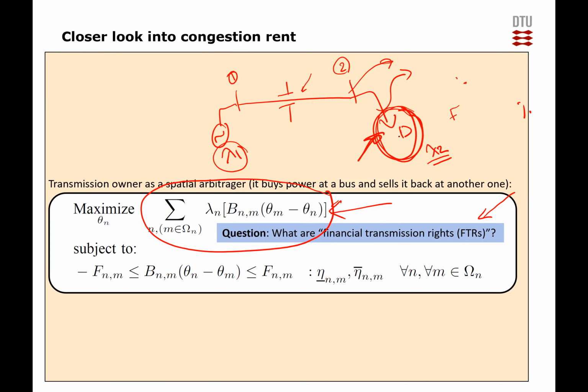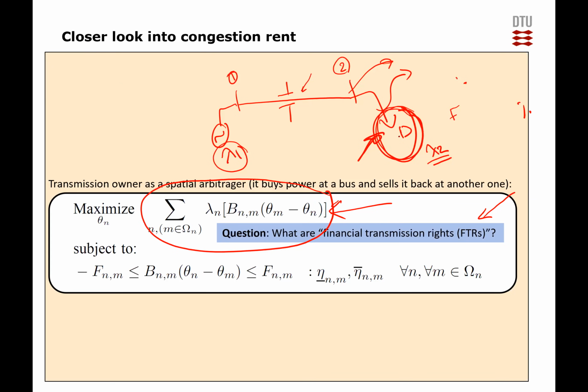There's also another reason for the transmission system operator. When selling FTRs, the transmission system operator doesn't care about the operation of the system over the year, because the congestion rent will be paid to the FTR holders, not the transmission system operator anymore.